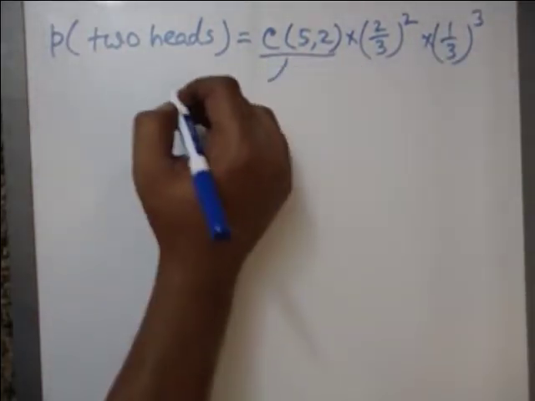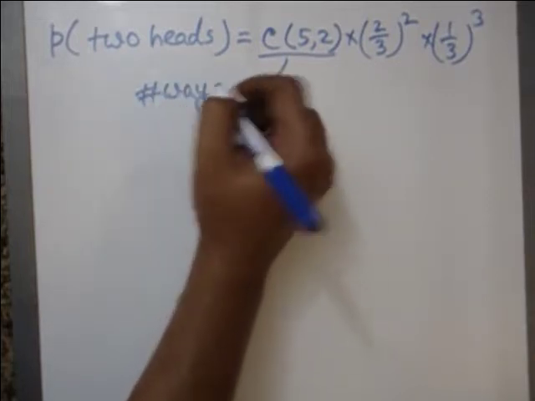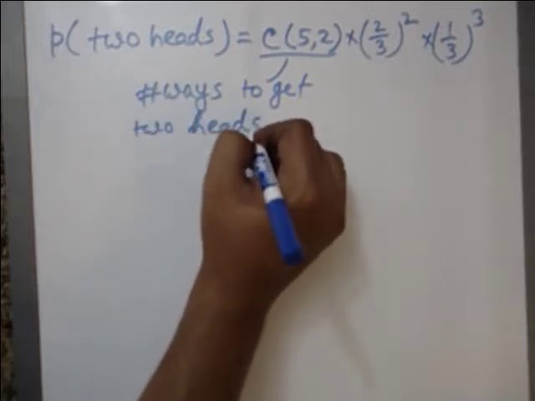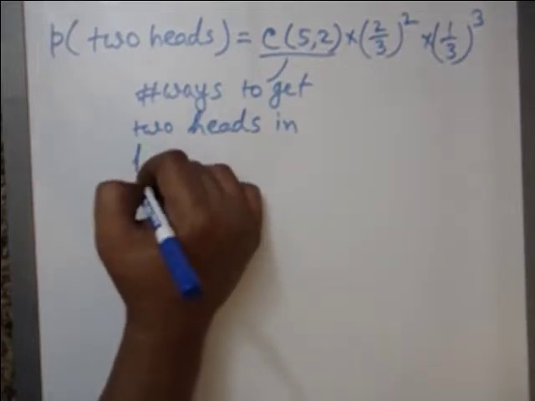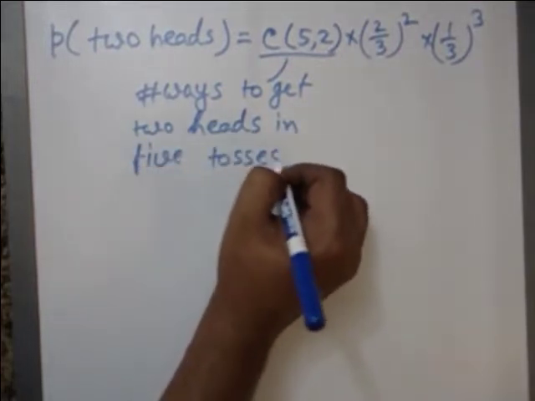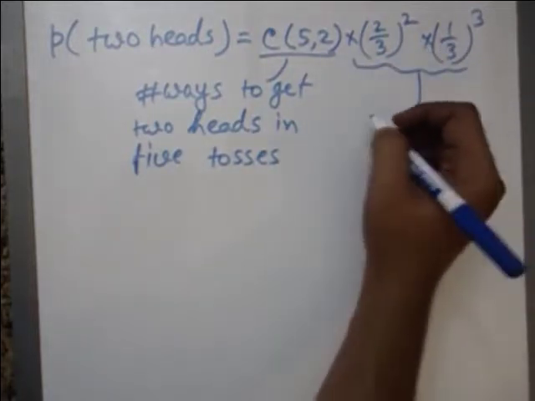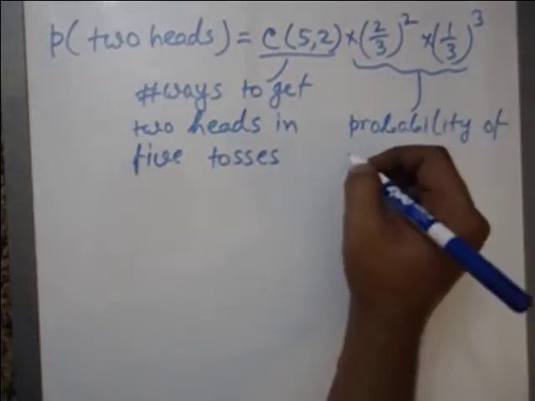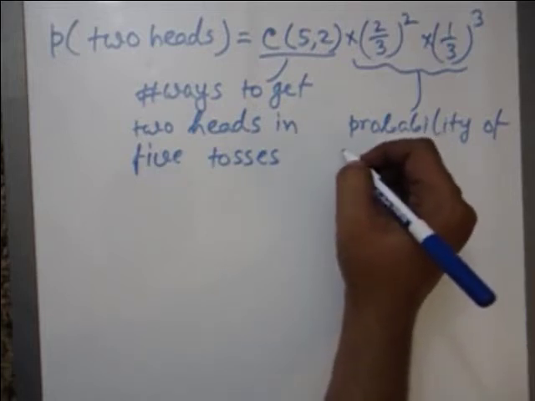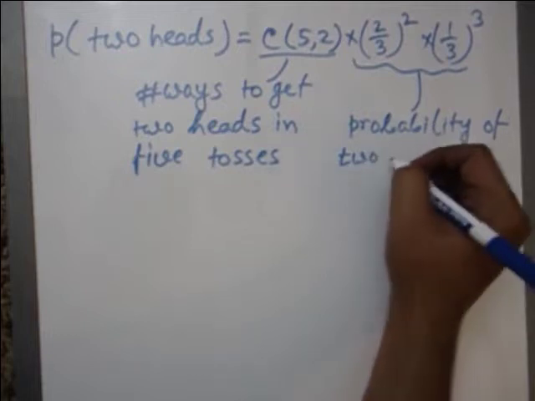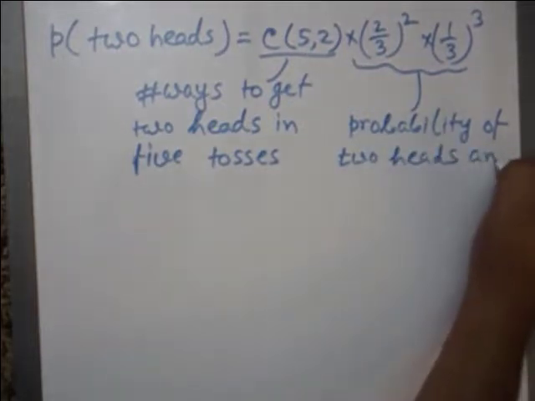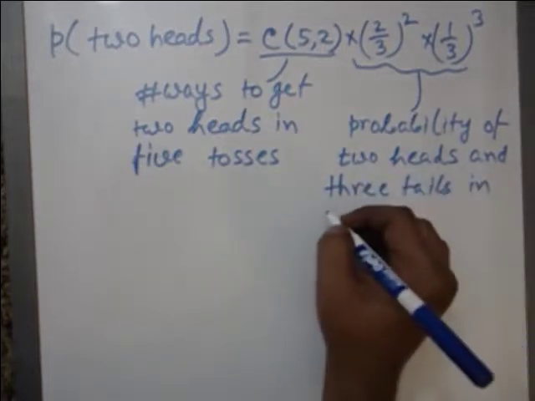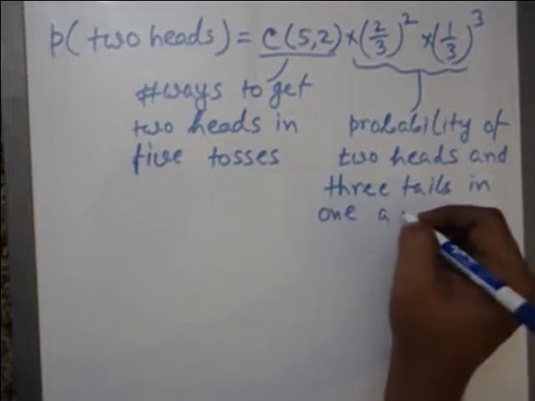So this one is the number of ways to get two heads in 5 tosses, and this is the probability of two heads and three tails in one arrangement.